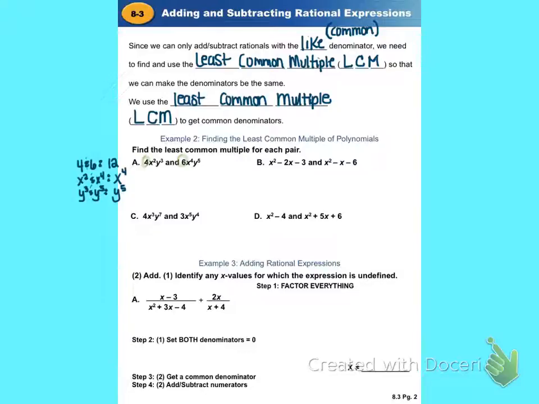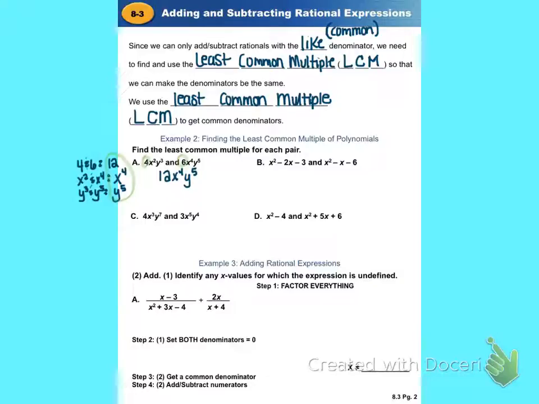So y to the fifth actually is a multiple of y to the third. It's actually y to the third times y squared. And so if we put all these things together, that right there is our least common multiple. It's 12, x to the fourth, y to the fifth. So in general, for the variables, you take the highest of the powers that are represented.